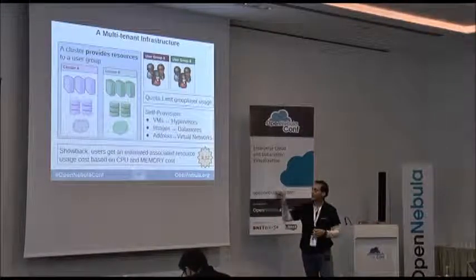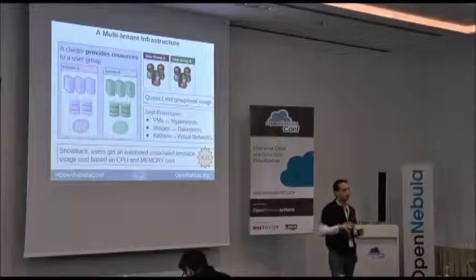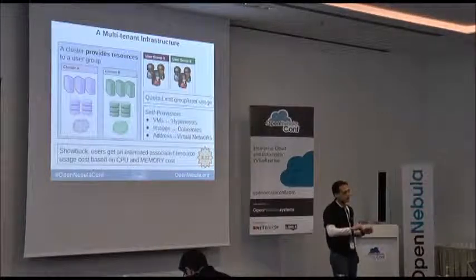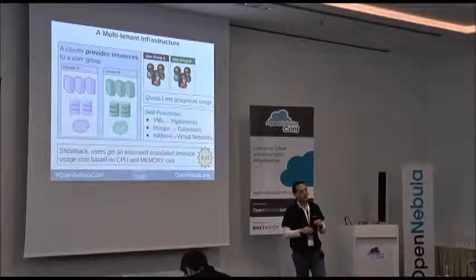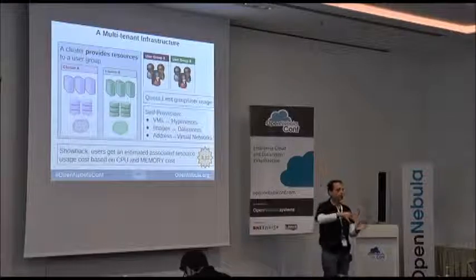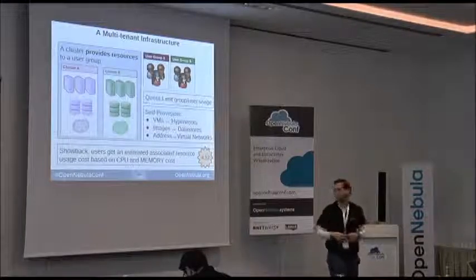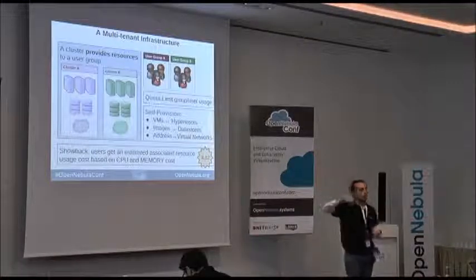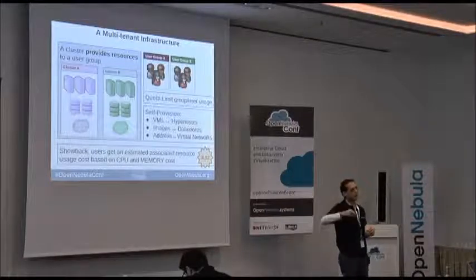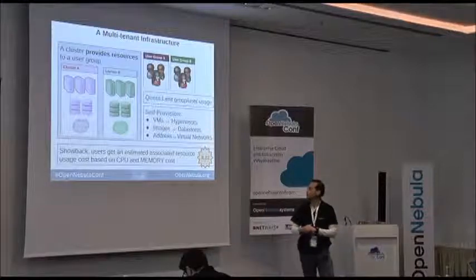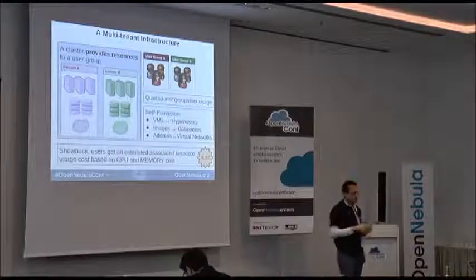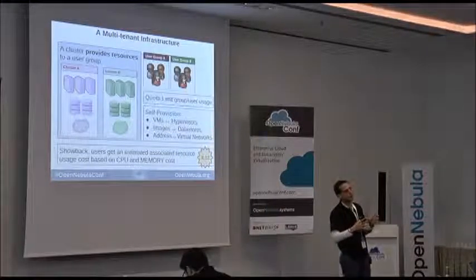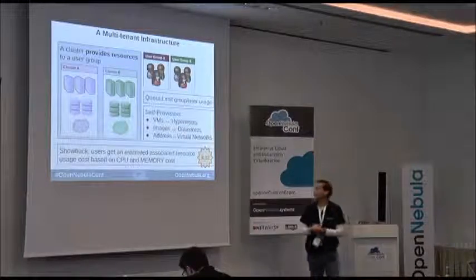So when you define a cluster, it's not only for placement reasons, but you can also think of it like a container for your users. So when you define a user group, you can assign one or more clusters from one or more zones, right? So in this sense, a cluster can also be seen as a resource provider.